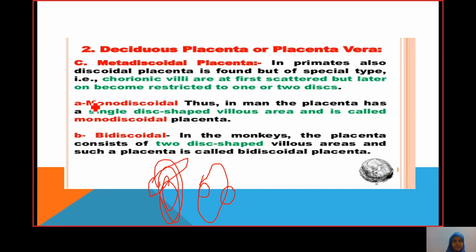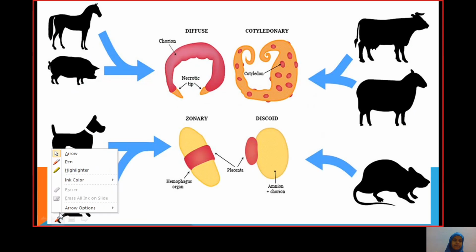If a single disc is present, that is monodiscoidal placenta. If two discs are present, that is bidiscoidal placenta. These come under metadiscoidal placenta. First the placenta is scattered on the chorion, then it forms disc-shaped structures, one disc or two discs. In these figures you can see clearly.